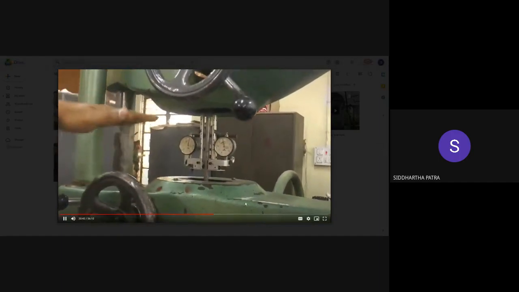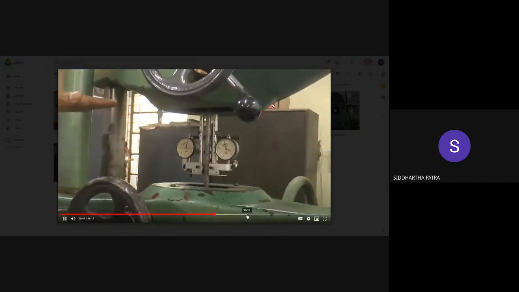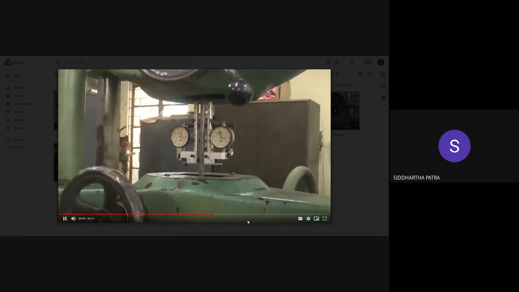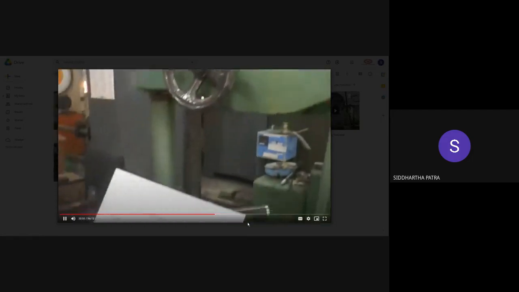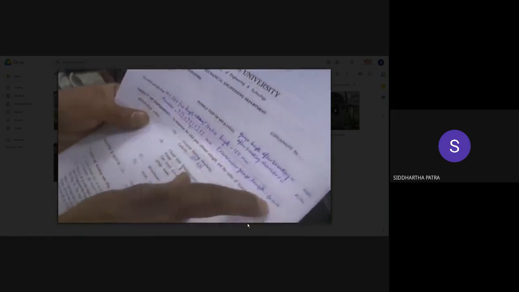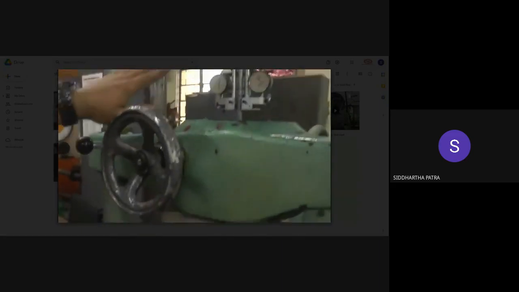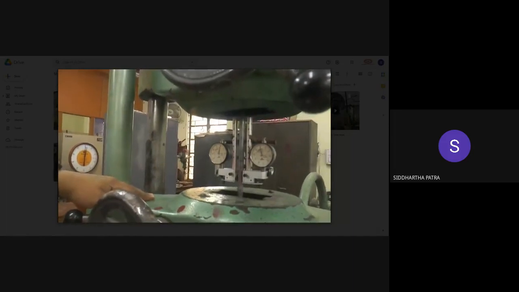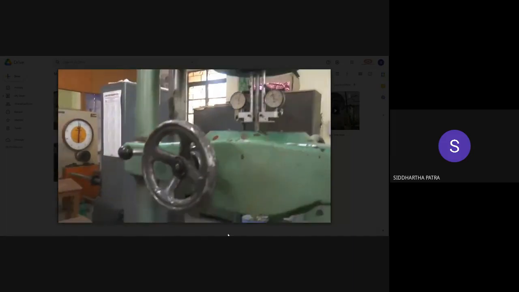But in the middle region, which is 10 millimeter diameter, there is a substantial amount of plastic deformation, and that's where we want to focus. So when we measure the percentage elongation, it is based on your effective length, and not on your extensometer gauge length. The extensometer gauge length is there for measurement of the strain, but for the measurement of the percentage elongation, we will be using the effective length.